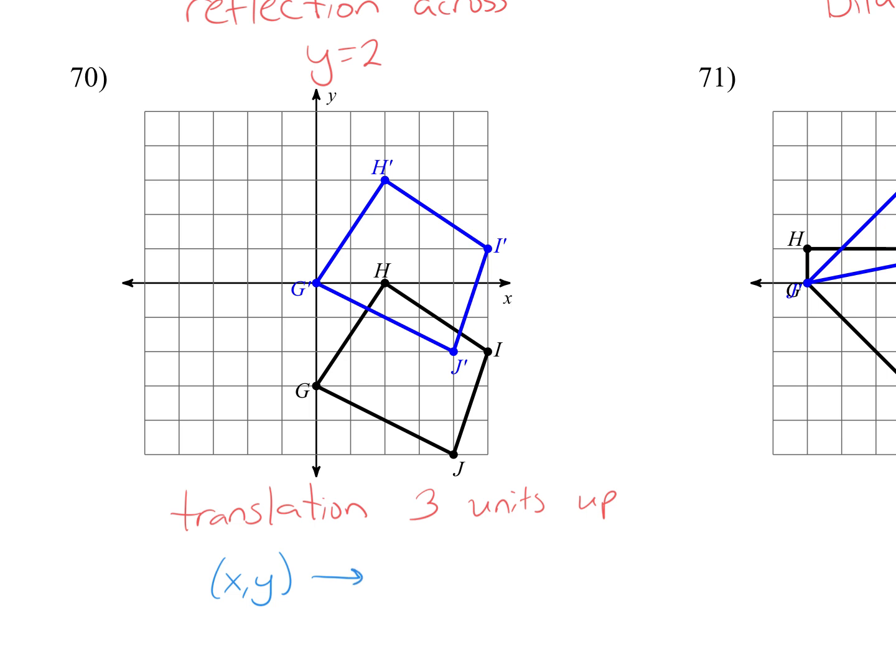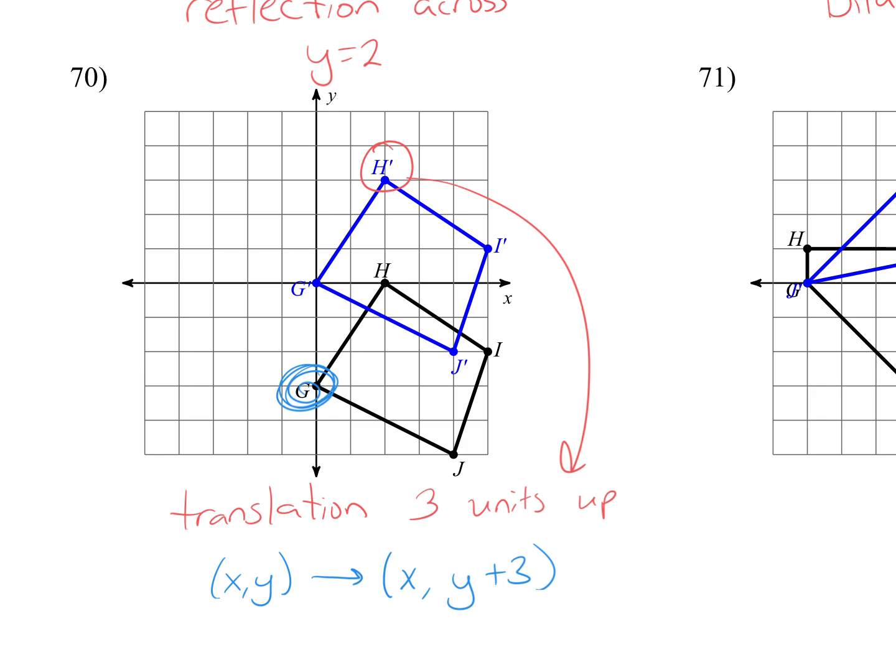How would I write it in this form? Did anything happen to the x? Nope, so I just keep the original x, and then how do I write the y? Y plus 3. Yep. Again, making sure you're starting at that original, because if I started here, would I get this same answer? No, it would be the opposite. Okay, so just make sure you are starting at the original image.